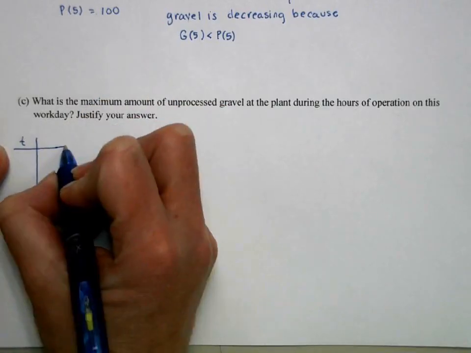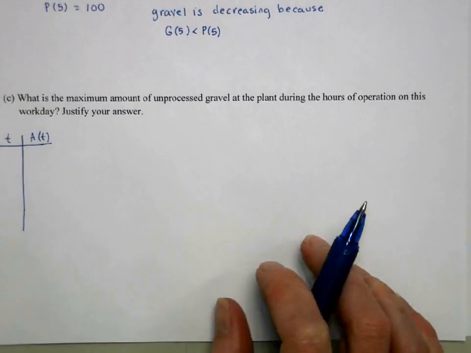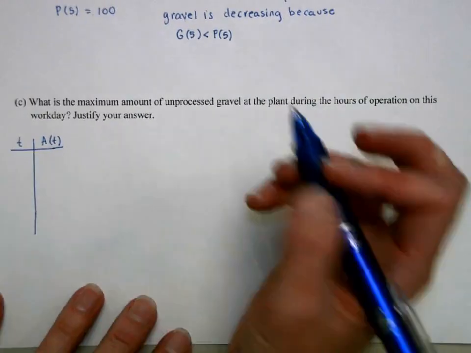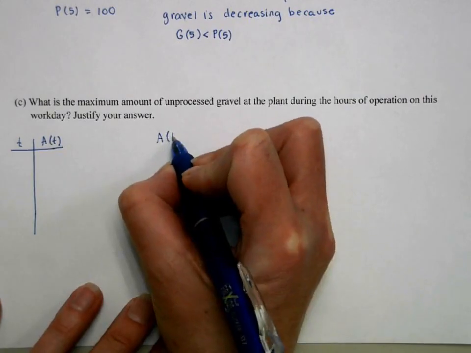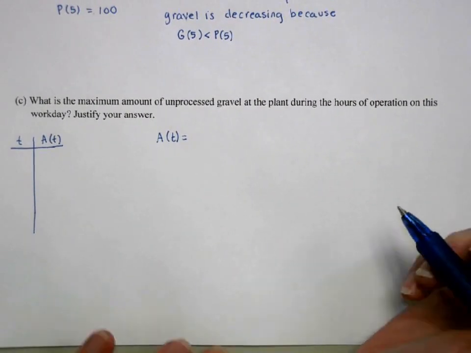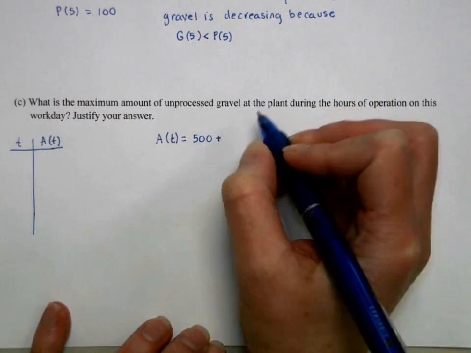And I'm going to make up a function A of T, amount. Okay. So my equation is going to be A of T. We have three things to consider. We have the amount that we started with, which was 500. Then we're going to add the amount that goes in.